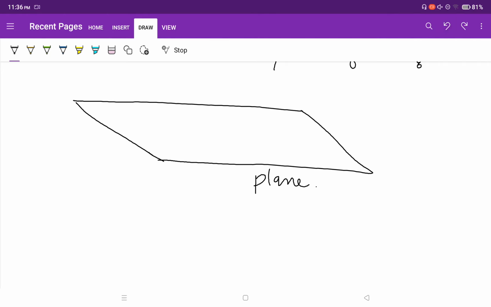Now what information do I need to completely fix this plane in space, right? If it is a general plane, it will move in three dimensions. It can be in the xy plane, yz plane, xz plane, or at an angle with the x-axis, y-axis, z-axis. It can be anything, right?